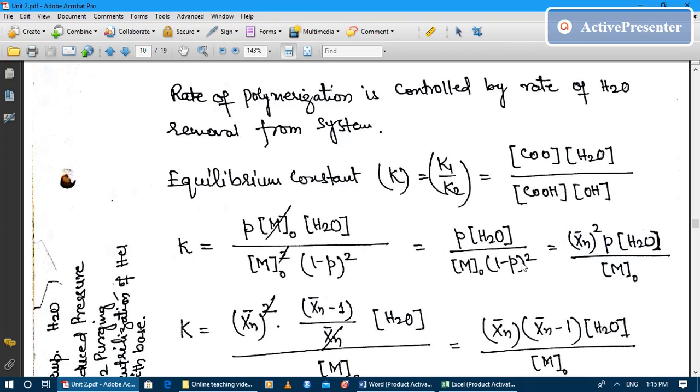And 1 over (1 minus P) whole square can be written as Xn bar square. So it will be Xn bar square P times the H2O concentration over the concentration of monomer initially taken.